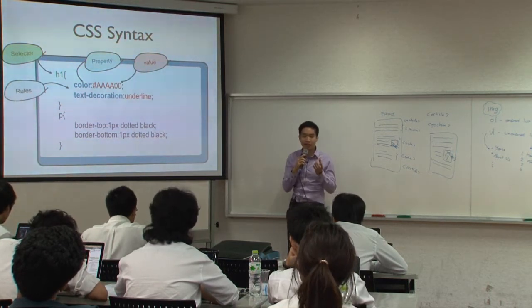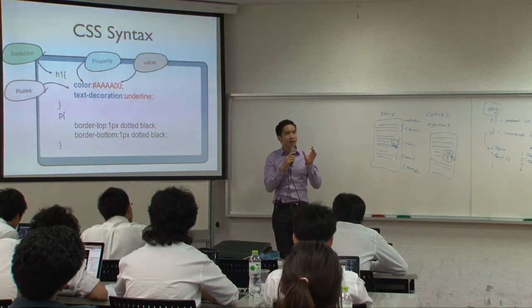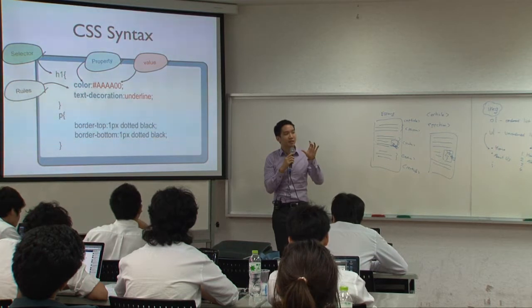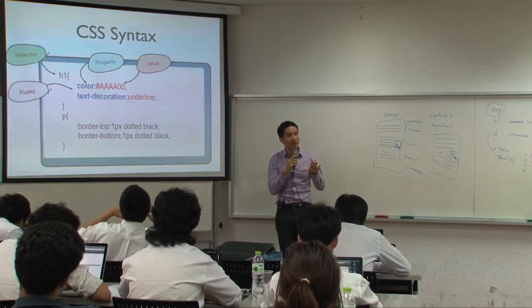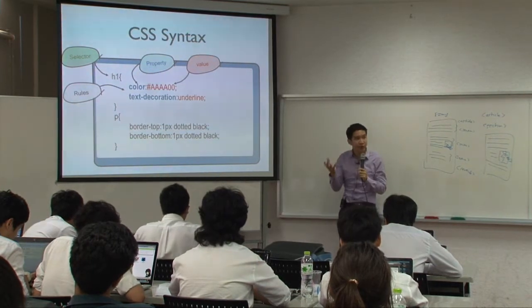But what a CSS selector essentially is, is the language or syntax that you use to match the elements on the page that you want to apply the style to. So let me give you an example.